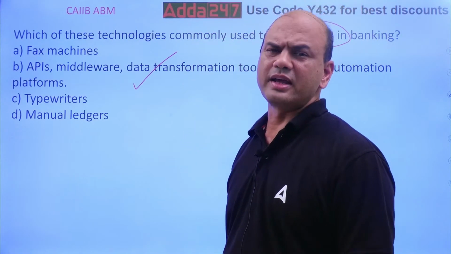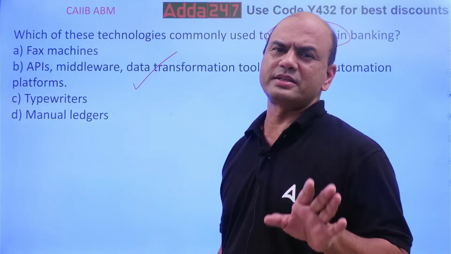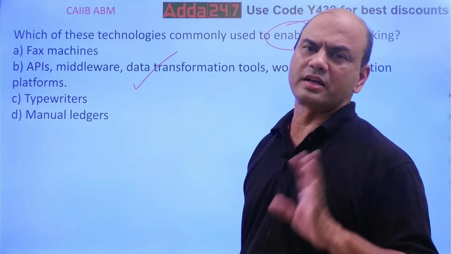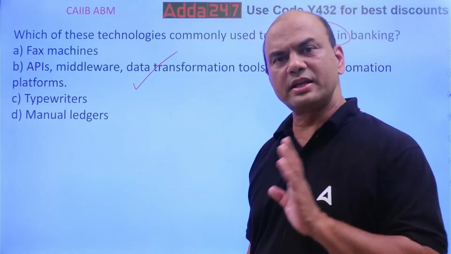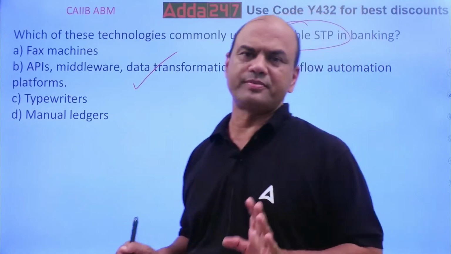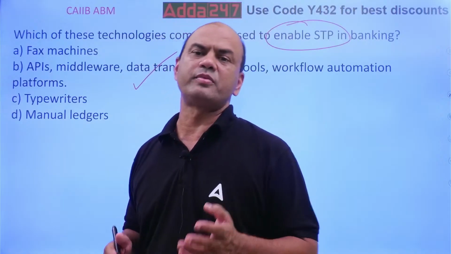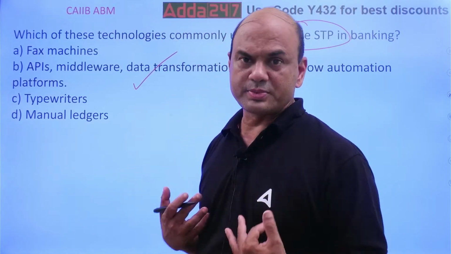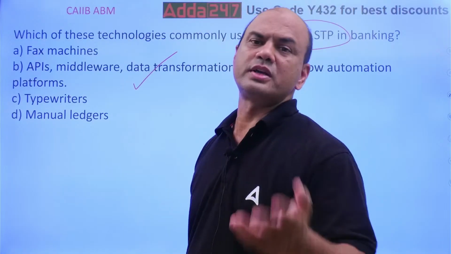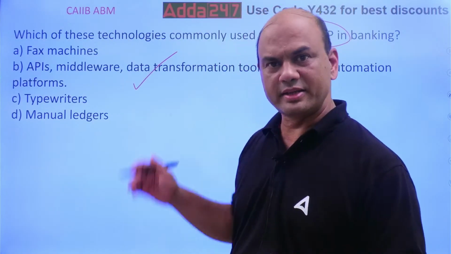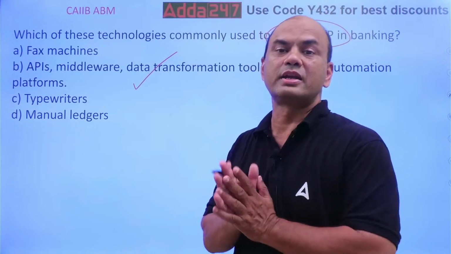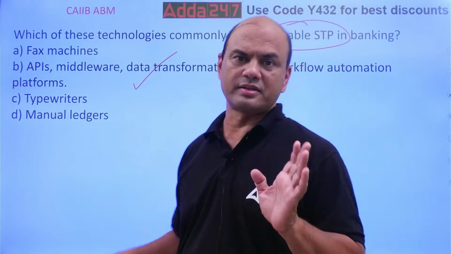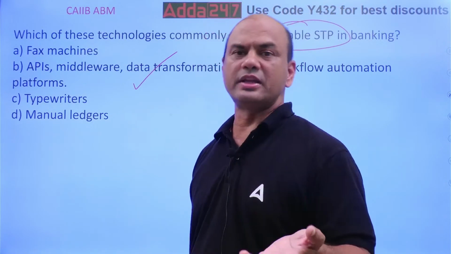API means what? Application, P means programming, and I is interface. Basically, it's an interface. What do you mean by interface? Interface between the machine and a human being. What we speak, computer should understand it, right? So that is API. The translator, you can call it, translator of human language into machine language.